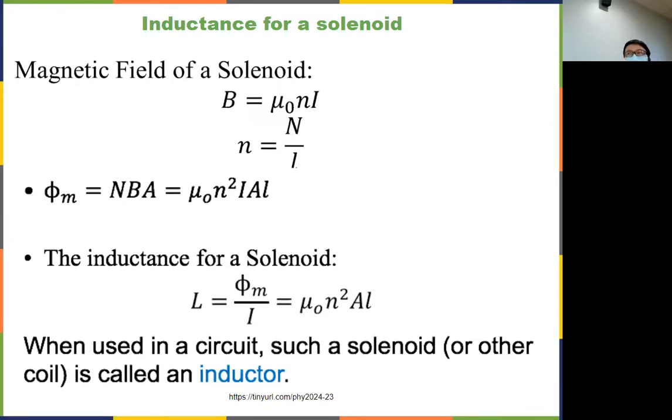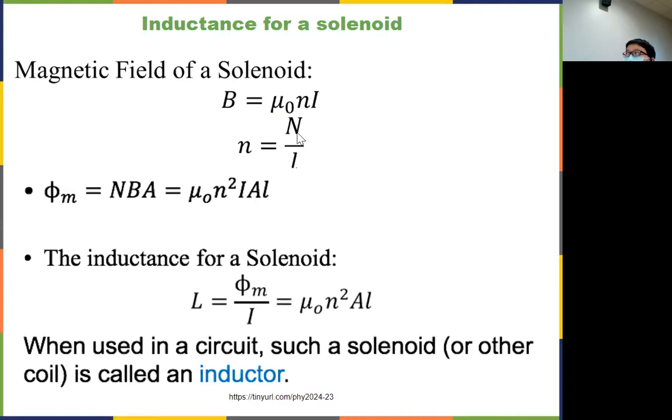If we take a close look at the inductance for a solenoid, for example, the B field caused by the current going through it is equal to this, which we talked about in the previous chapter.